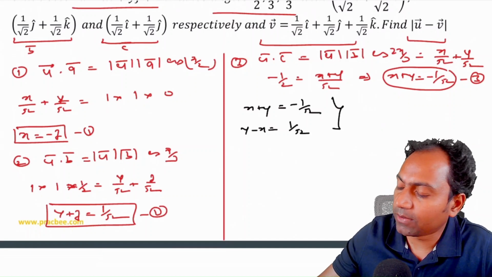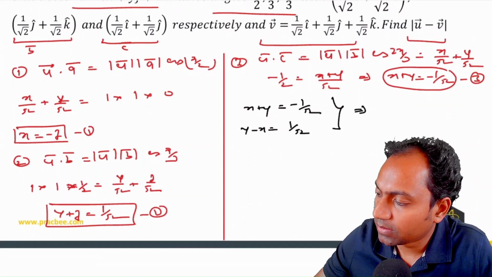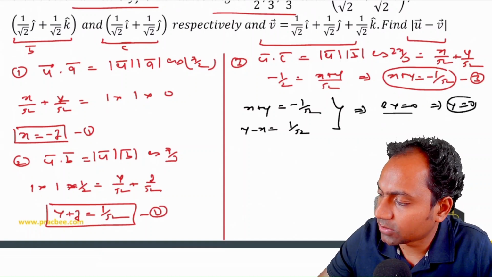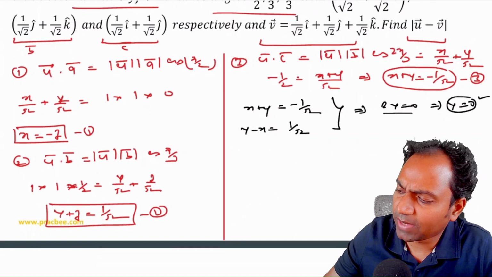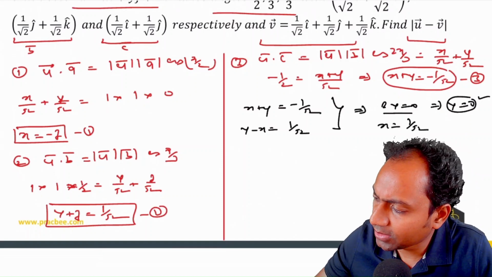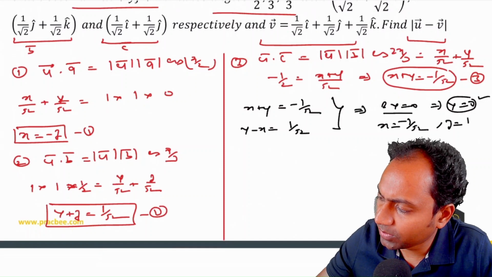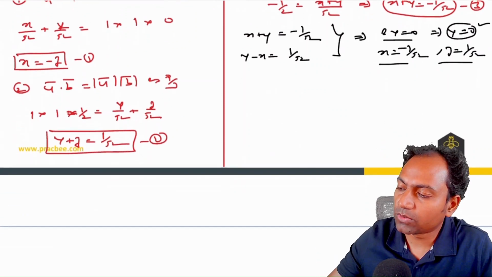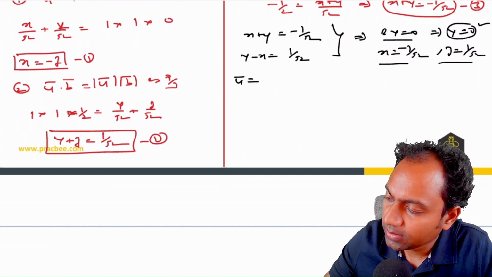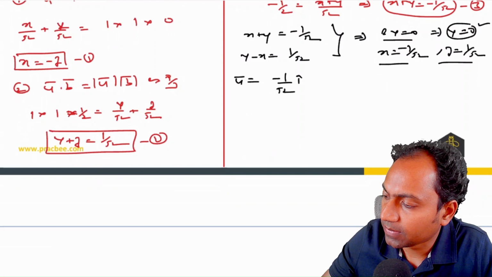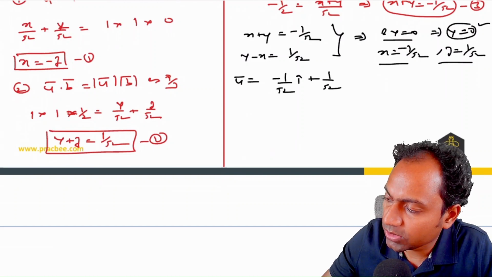So if I add both of them, the value of 2y comes out to be 0, or the y part becomes 0. If y becomes 0, the value of x is nothing but minus 1 by root 2, and the value of z would be nothing but 1 by root 2. And by doing this, you have figured out the u vector, that is nothing but minus 1 by root 2 i cap plus 1 by root 2 k cap.